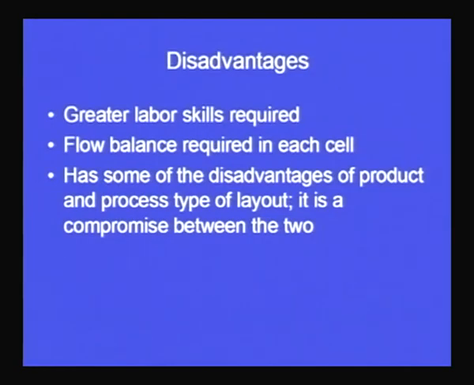Flow balance required in each cell. In the problem you have seen that there were 3 operations carried out on different work groups. Now if they are not working at the same pace, then one particular cell is making the products at a faster pace, another cell is making the products at a slower pace.